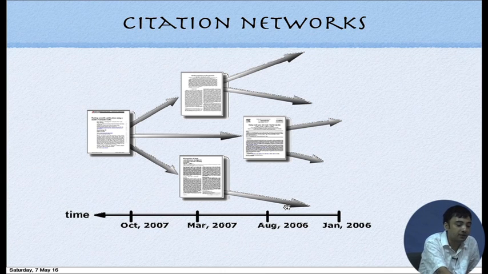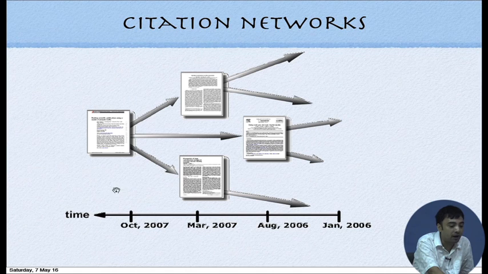Moreover, another interesting property of these citation networks is that they can be constructed over a timeline. Papers get published at a particular time, and citations can be made only to the earlier papers. It is not possible to cite some paper which has not been written so far. That is why only edges point backward in time. You see, here is the time, and time is in this direction.